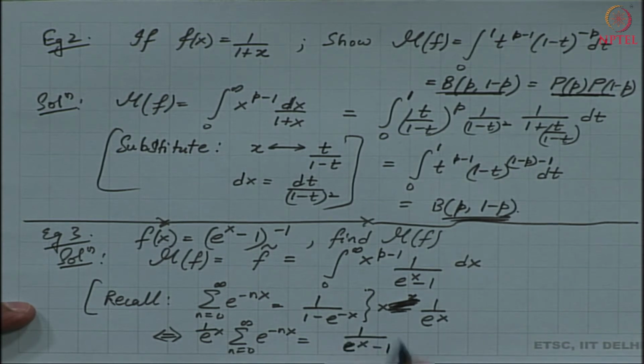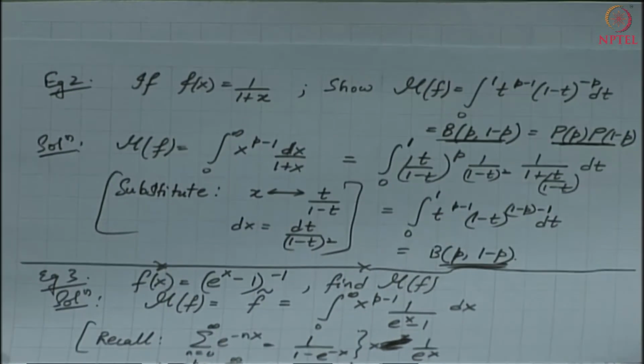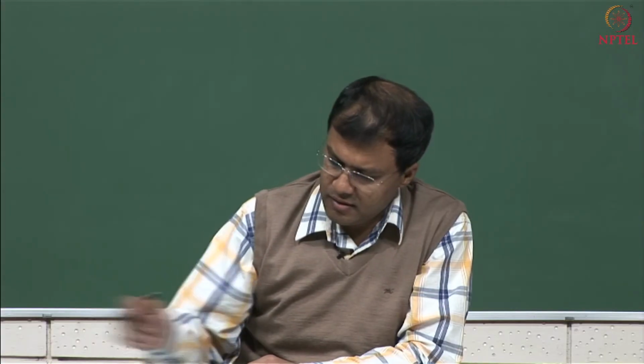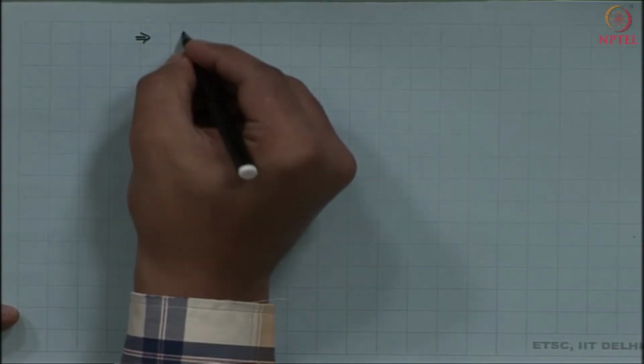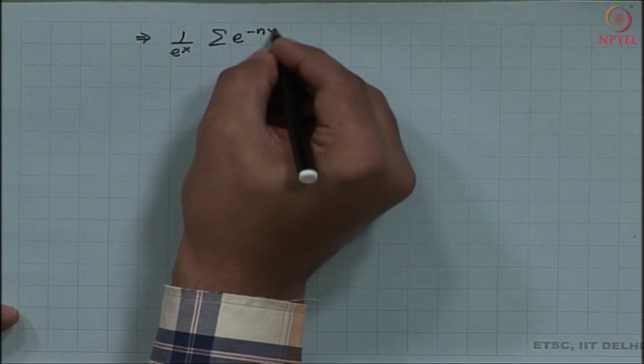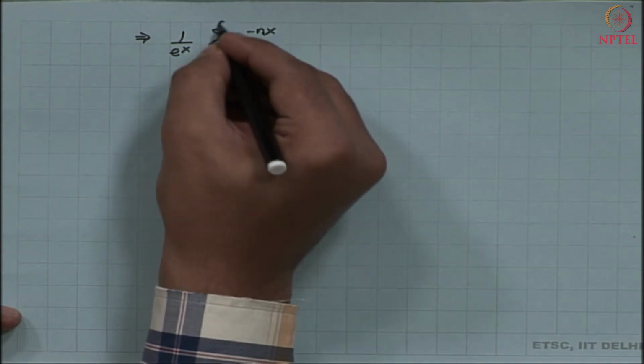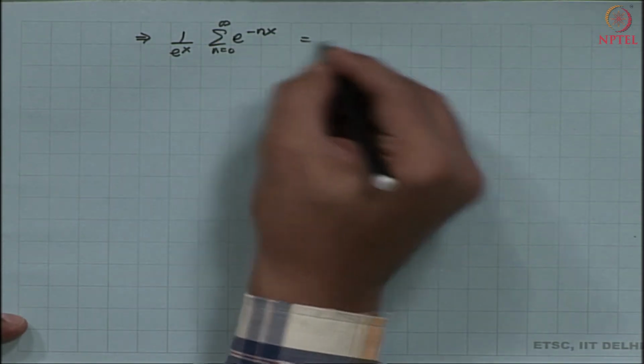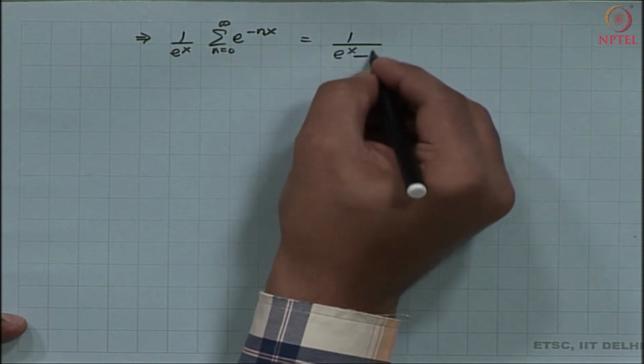So, the term on the right hand side is what we want, and the term on the left hand side is nothing but, let me just write this series again. So, the series is 1 by e to the power x times the series e to the power negative n x from 0 to infinity, which is 1 by e to the power x minus 1.